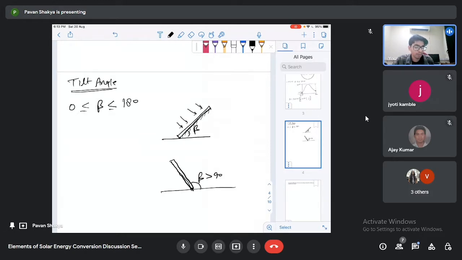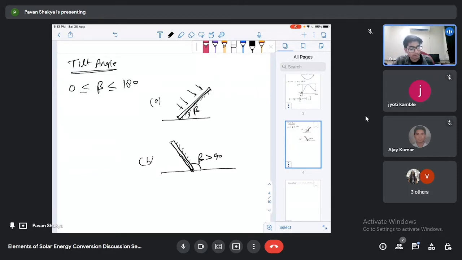From the second figure B, you can see that there is no meaning of placing any collector or panel above the tilt angle 90 degree, as the sun is radiating like this.